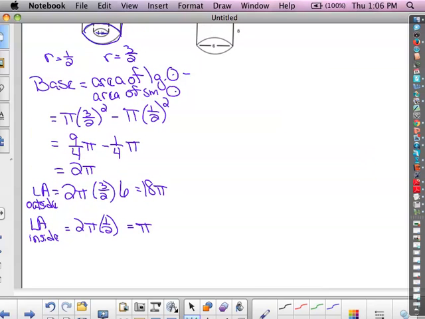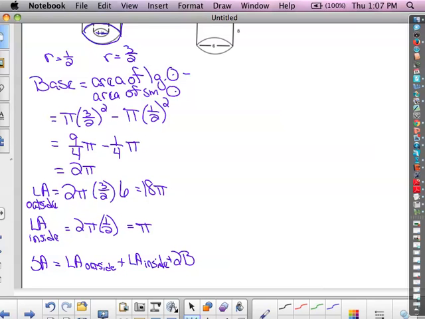So now, to find the total surface area, I have the lateral area of the outside plus the lateral area of the inside plus 2 times the area of those bases.